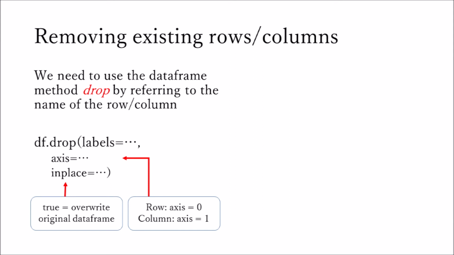The final change we can do on a data frame is to remove the existing rows and columns. To do so, we use the data frame method drop and pass the row index or column header we want to remove as a string or in a list. And we specify in the axis option whether your list is for rows or columns, as well as the inplace option.